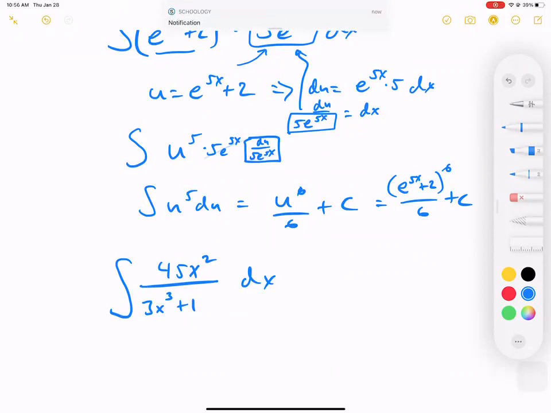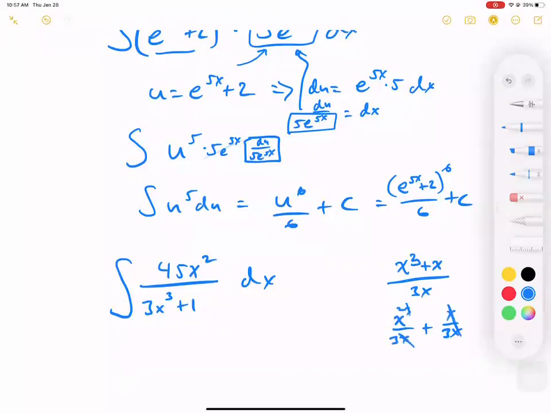If I rewrote this as something easy, like x cubed plus x over 3x, you could break it up into x cubed over 3x plus x over 3x, simplify that out, and then take the integral of each separately.